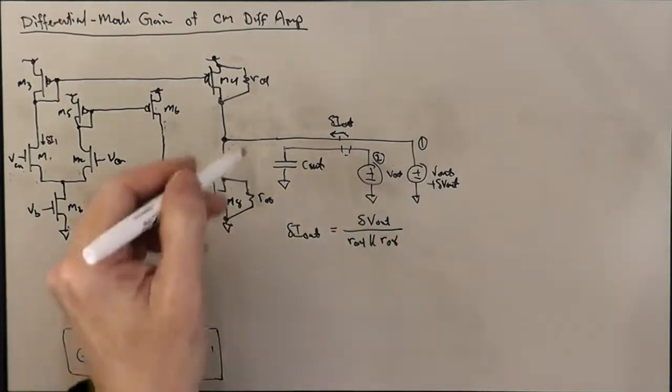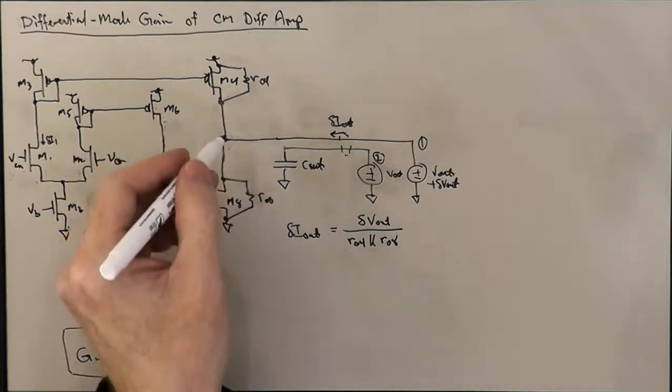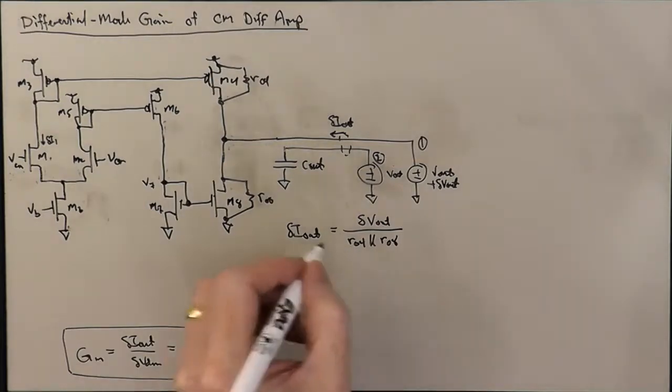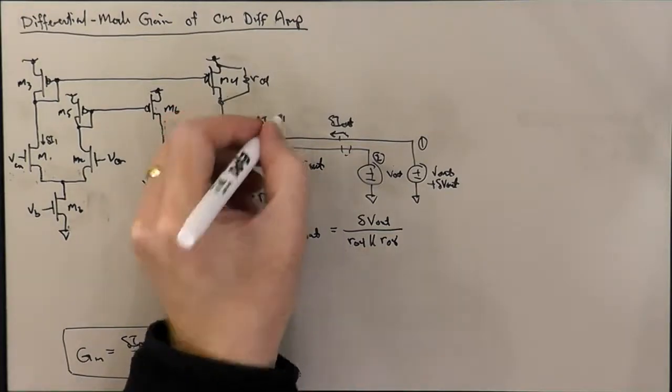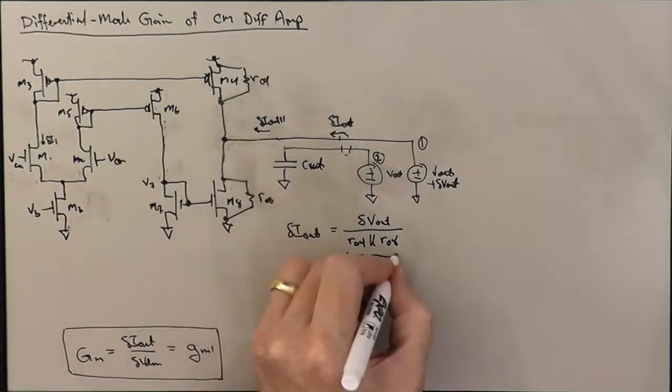That's the incremental resistance seen looking into the output of the circuit that we figured out in the last phase of our calculation without the capacitor. And so in that case, we have delta I out 1, 1. So this is delta I out 1, 1.